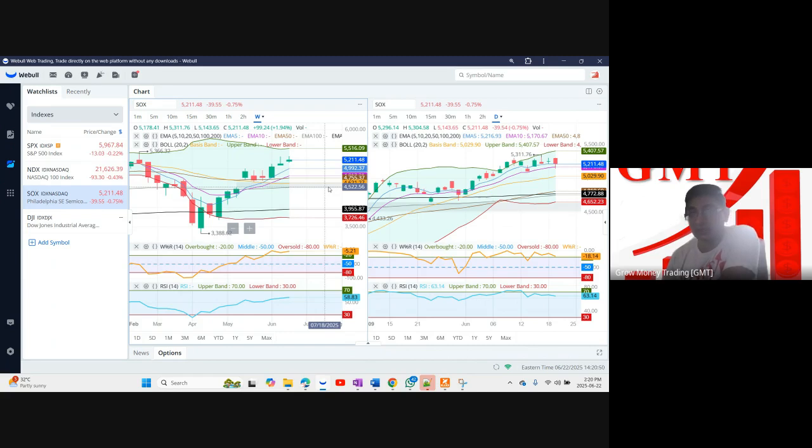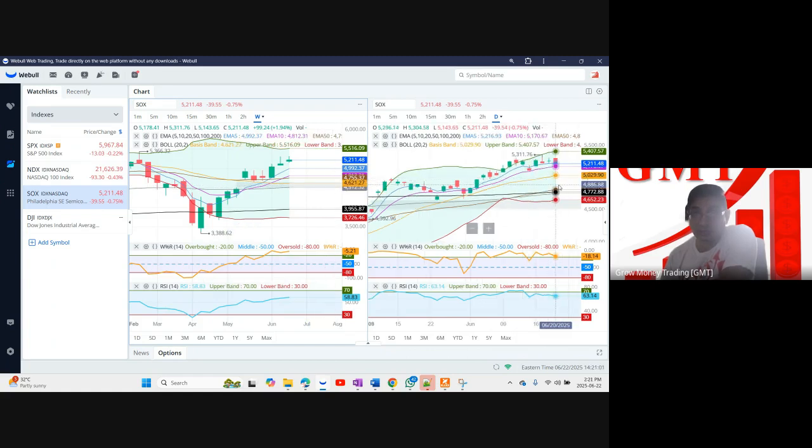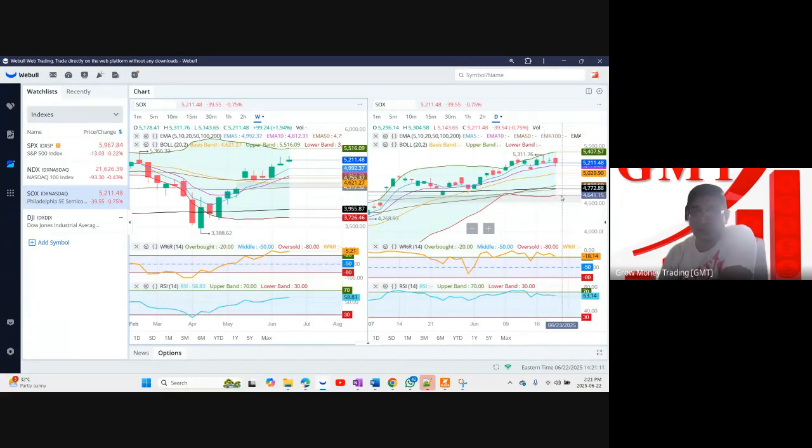It may not happen immediately, because we are seeing this gap on a weekly basis, but if the drop to the 200 EMA on the daily chart happens quickly, within 2 to 3 sessions, then it could potentially attempt to close this gap.